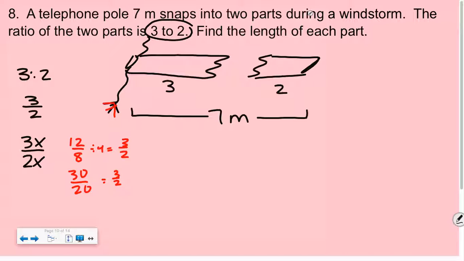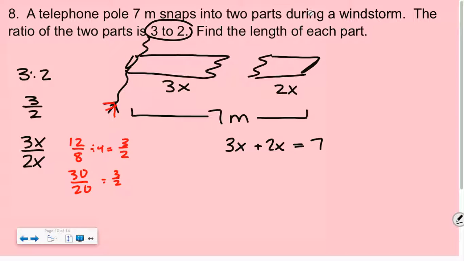You want to take your 3 times x and your 2 times x, because then you can make an equation. Using your segment addition postulate, the length of the first part of my telephone pole, 3x, plus the length of my second part, 2x, should equal 7.